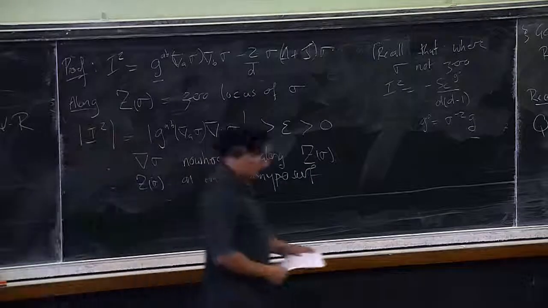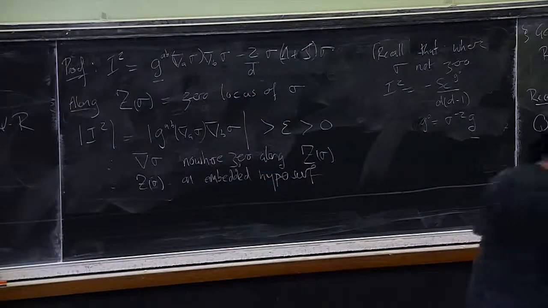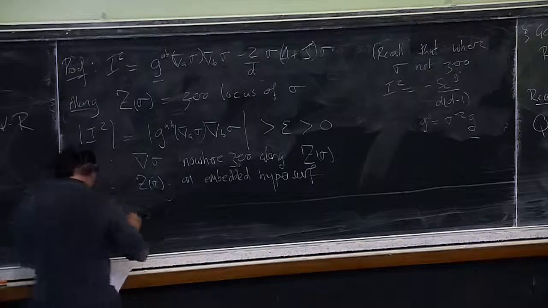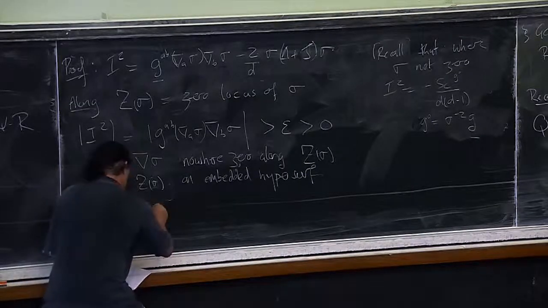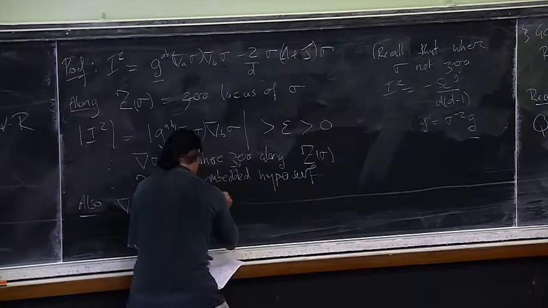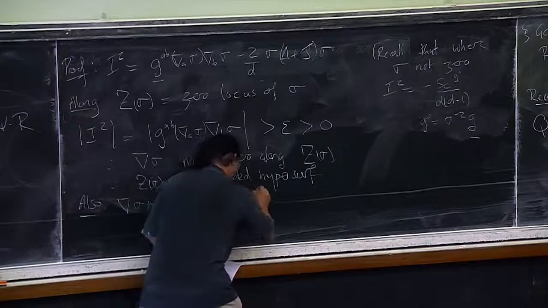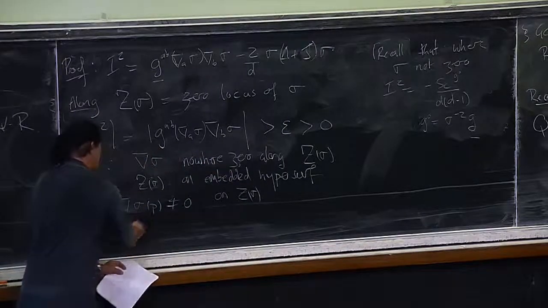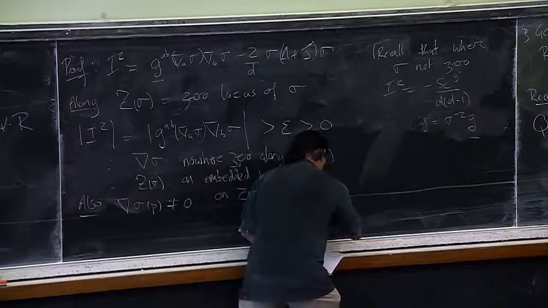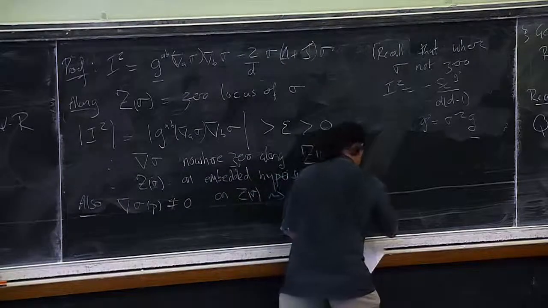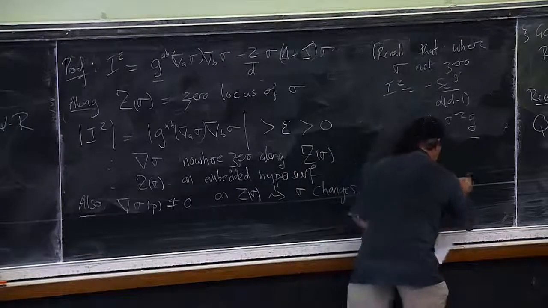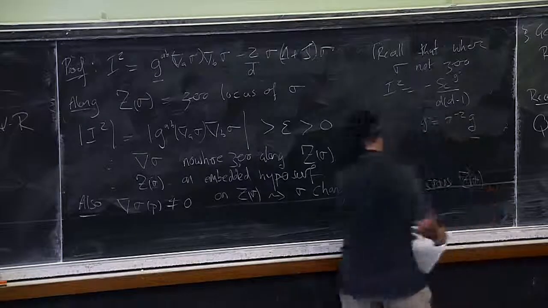And also, since grad of sigma at P is not equal to 0 for P's in there, that means that sigma changes sign as you cross the 0 locus, as you cross the hypersurface, if it's not empty.